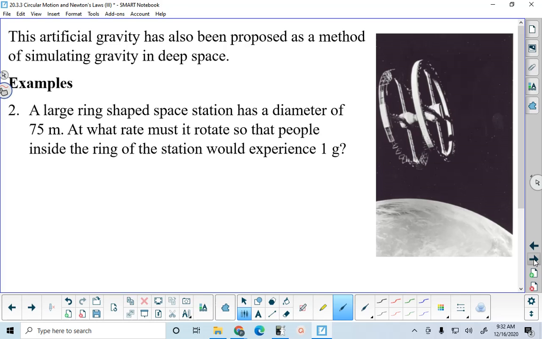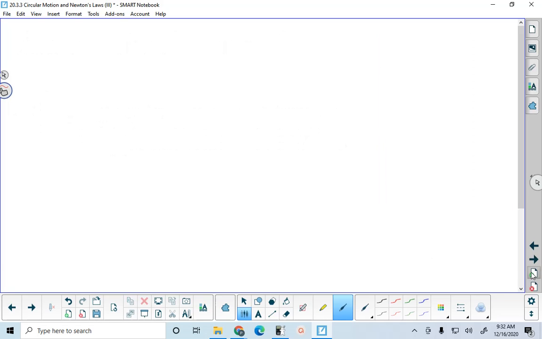I think in the movie Elysium they have the same concept. What you basically have is a huge ring. And you stand here, that's you, or some animal of some sort.